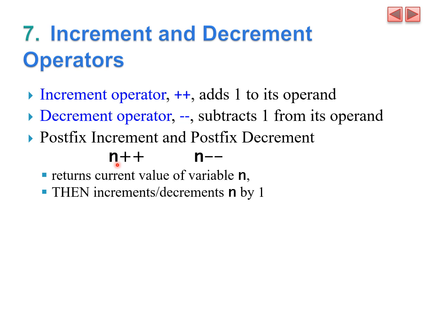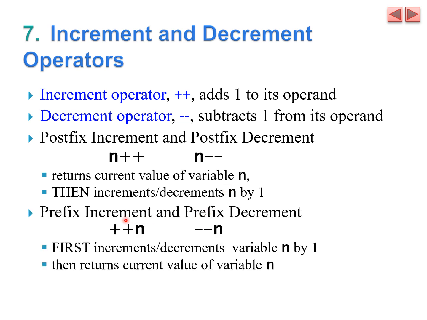And then after that it increases the value of n by 1. So if you put the increment and the decrement operator after its operand, those are called postfix increment and postfix decrement.